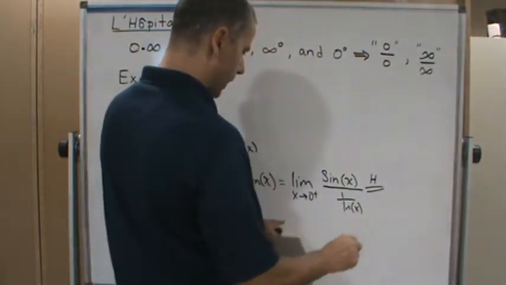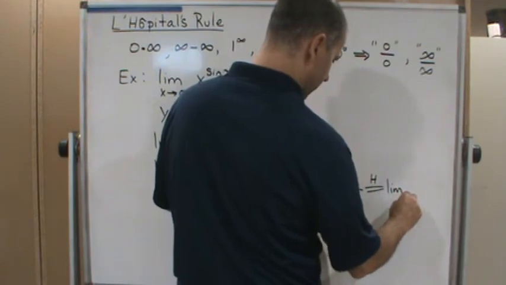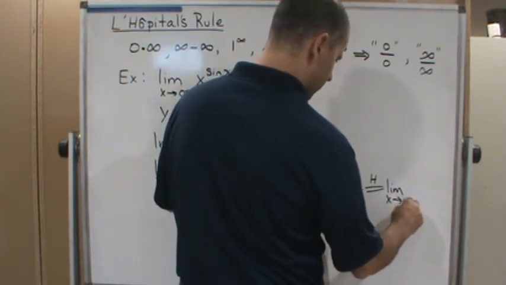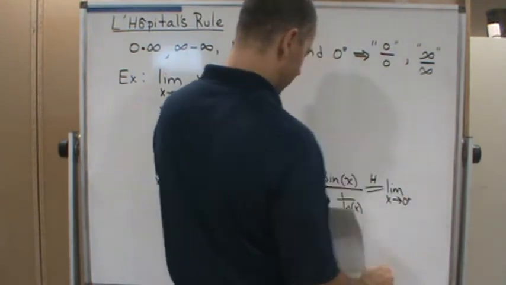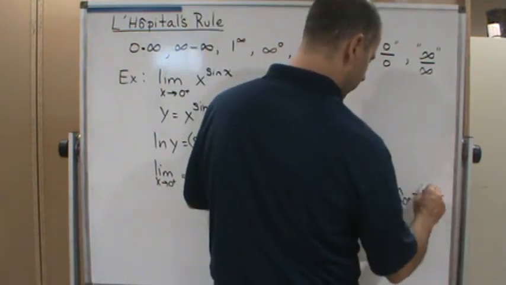Okay, and so now I'm going to take the limit as x approaches 0 from the right. Now the derivative of sine is cosine.